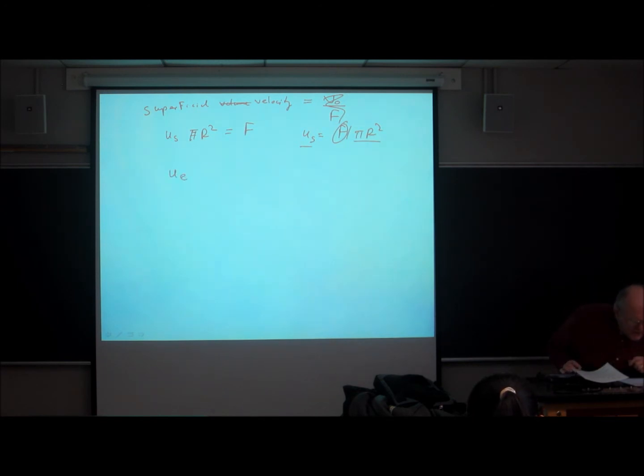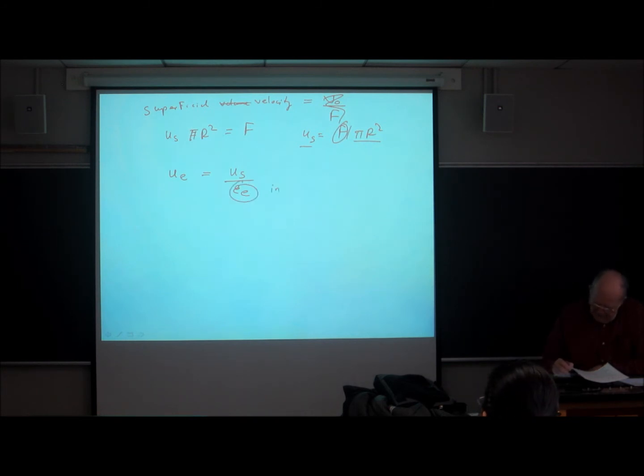The interstitial velocity is the superficial velocity divided by the porosity of the bed, of the outside of the bed. This is also called the interstitial porosity. And so this is called the interstitial velocity.